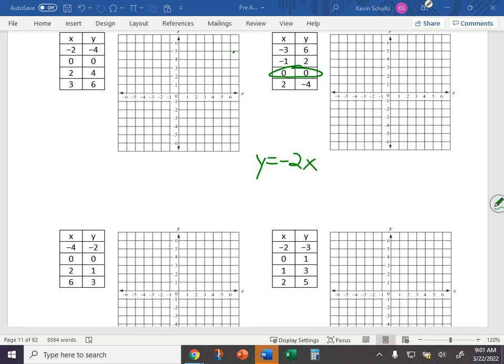Uses in life. If you've ever looked at a graph, right? If you follow the stock market, or just any sort of data, you're looking for patterns. That's important, right? Try and predict what's going to happen next.